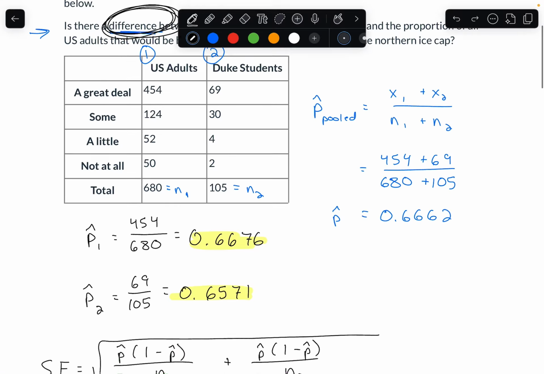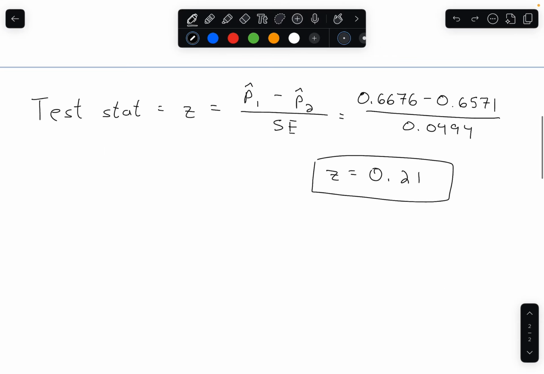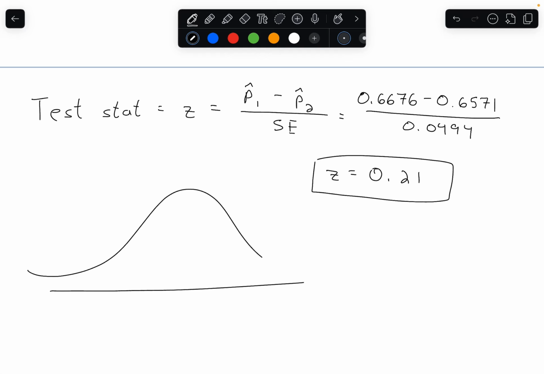So, scrolling down to think about our p-value, we said a two-tailed test from our alternative hypothesis. So that means when I set this up, I have two tails to consider. On the one hand, I have positive 0.21 as my z-score, and I want to find the area to the right of that. That will be part of my p-value. On the other hand, the area to the left of negative 0.21 will make up the other part of my p-value.